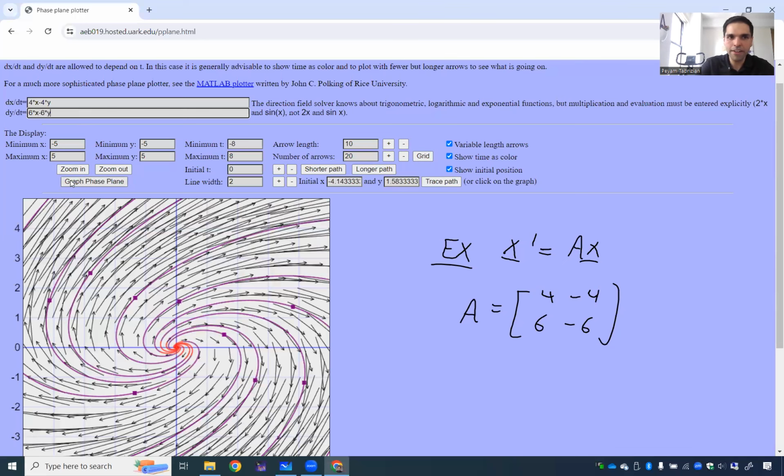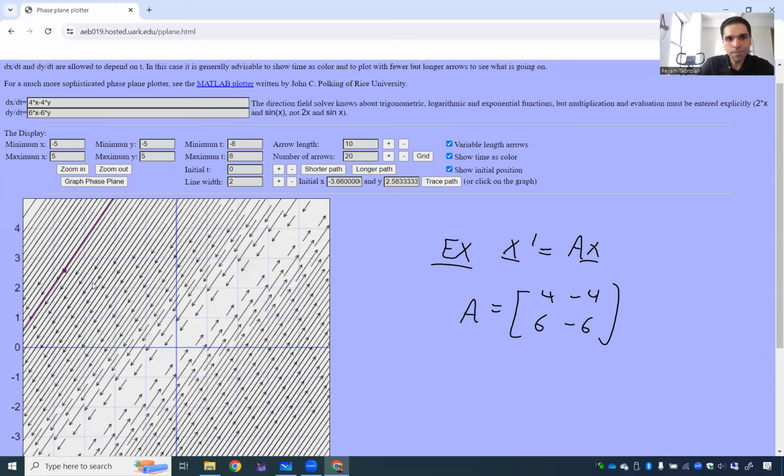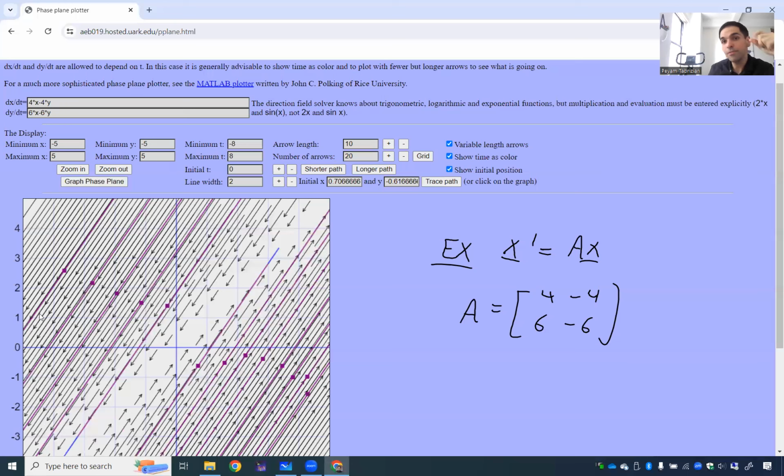Again, don't forget about the parentheses. And the picture is really cool because it turns out here, the solutions, they're parallel lines, except notice the change of orientation here. Because on the left-hand side, the lines go southwest. On the right-hand side, the lines go southeast. And if I'm not mistaken, I think in the middle we have just points. And in the next video, I'll show you even cooler phase portraits.